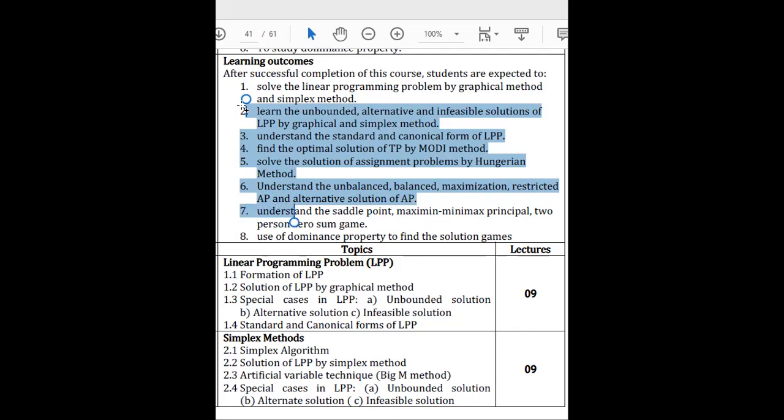Then the next outcome is from the game theory. You will be able to understand saddle point, maximin and minimax principle to solve the game, 2-person zero-sum game. And finally, you can use dominance property to find solution of the games.